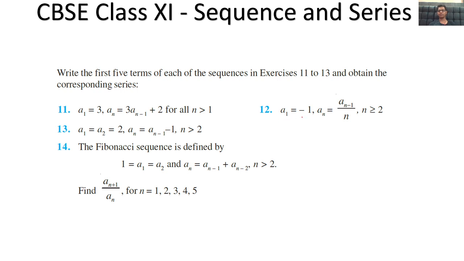Here we have a1 is equal to 1 and a2 is equal to a1 by the nth term. For example, a2 is going to be a1 by 2. a1 by 2, that's going to be minus half.